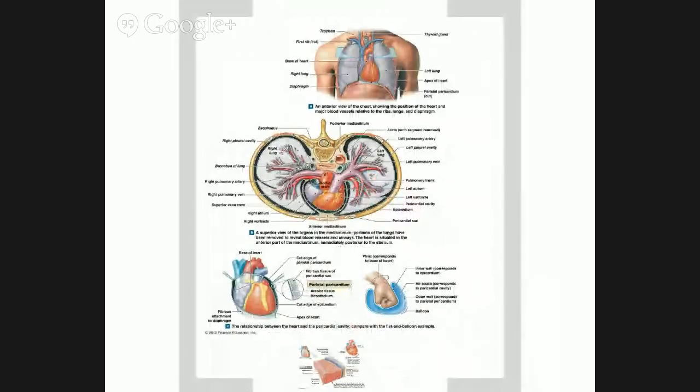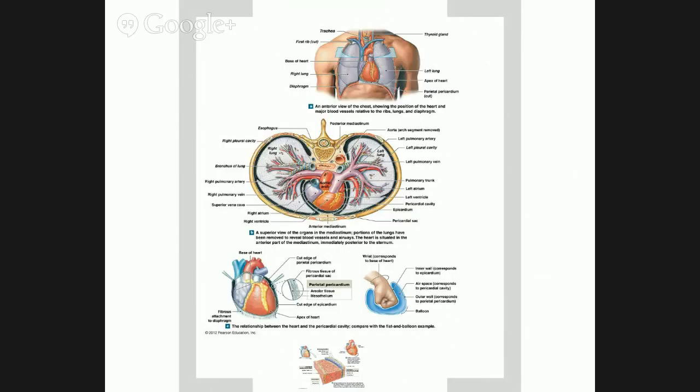Now, I'm not going to go through this stuff in a lot of detail. This is just talking about where the heart is located. It's obviously within the thoracic cavity. The space in the thoracic cavity where it's found is specifically called the mediastinum, which is not just where the heart is. It's just the space between the two lungs, which contains a number of different organs.